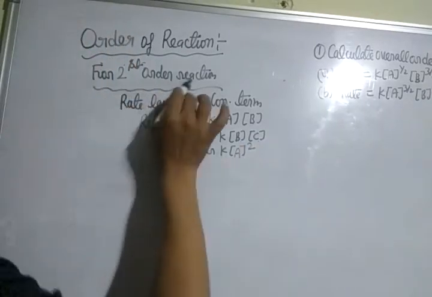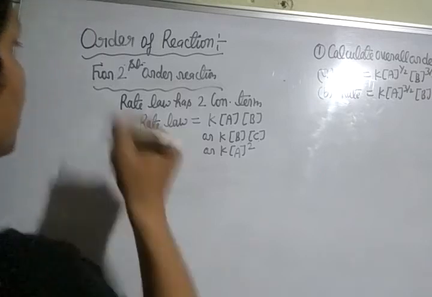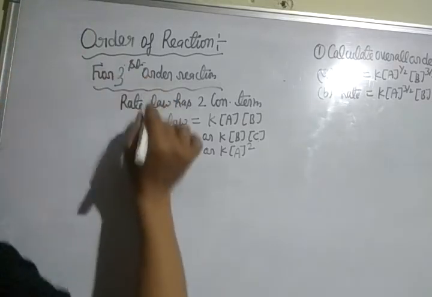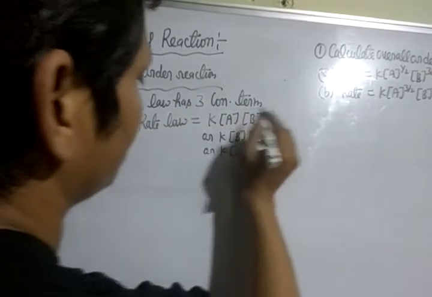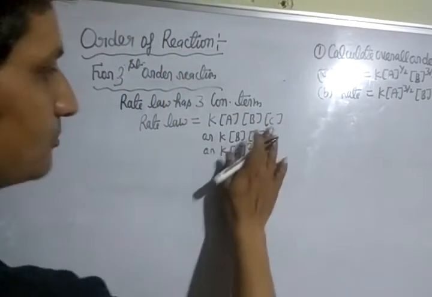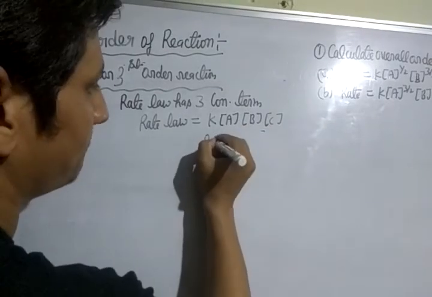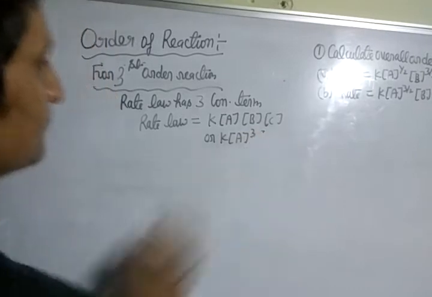So this is second order reaction. Rate law has two concentration terms. For third order reaction, rate law contains three concentration terms. Rate law is equal to K[A][B][C], or we can also write K[A] to the power 3.